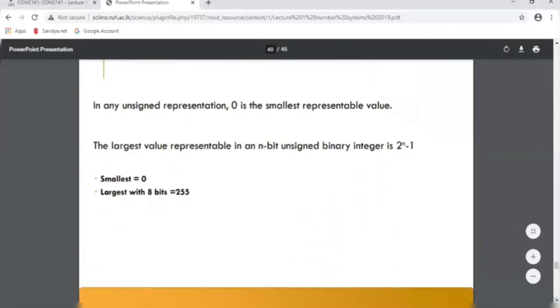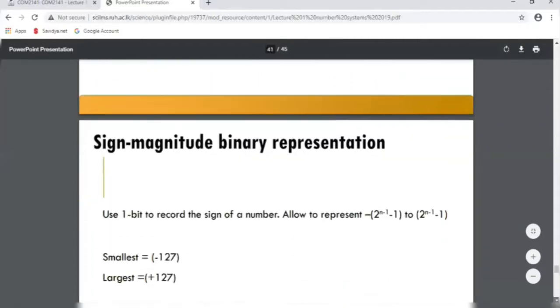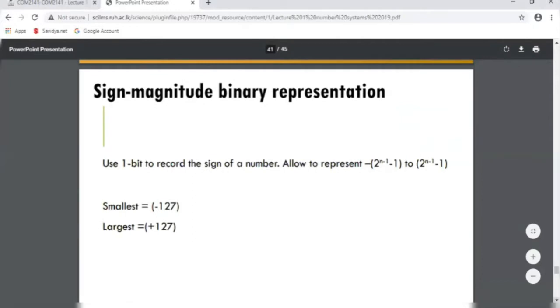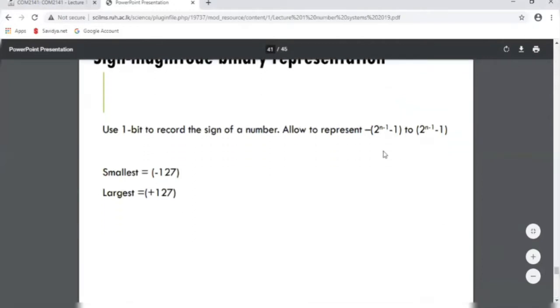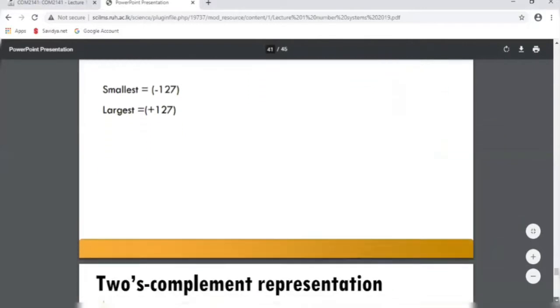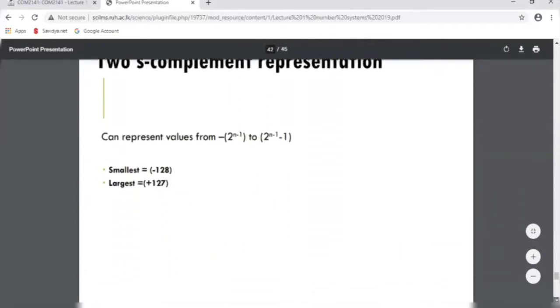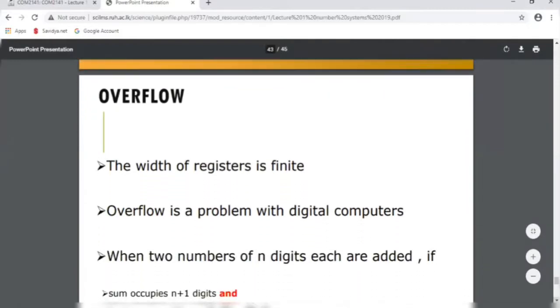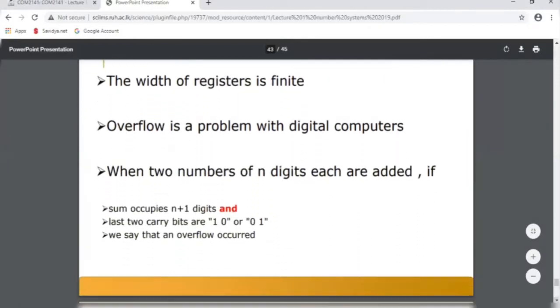In unsigned binary representation, you should know the range that's representable. And in signed magnitude representation also the same. It can represent only from -2 to the power n minus 1, to 2 to the power n minus 1, minus 1.